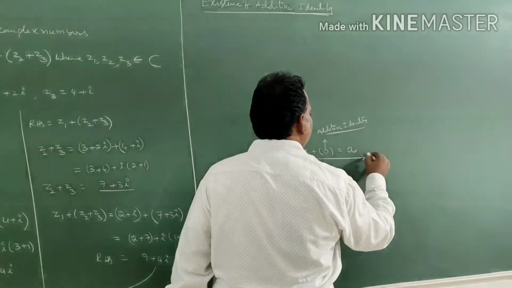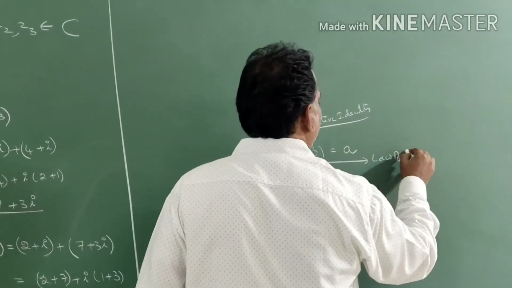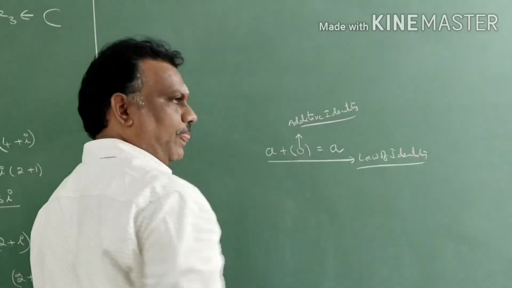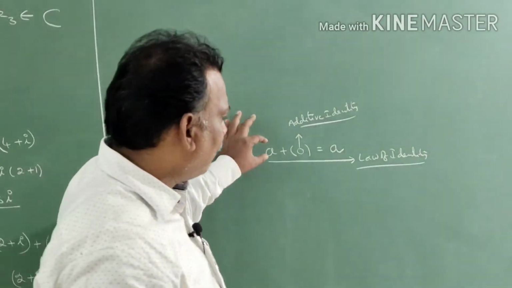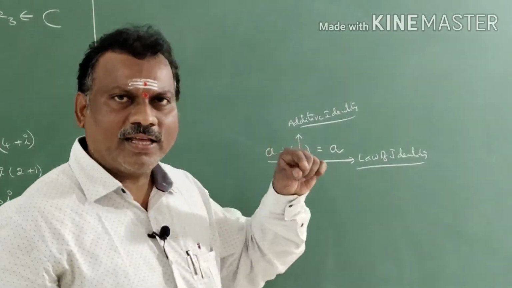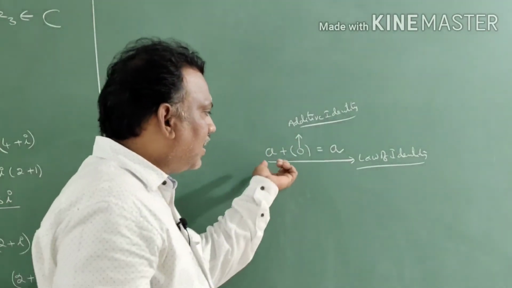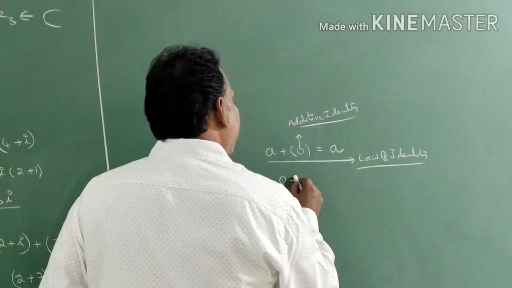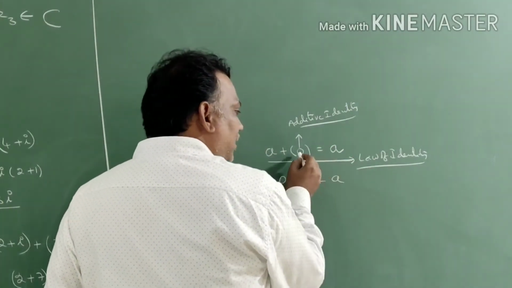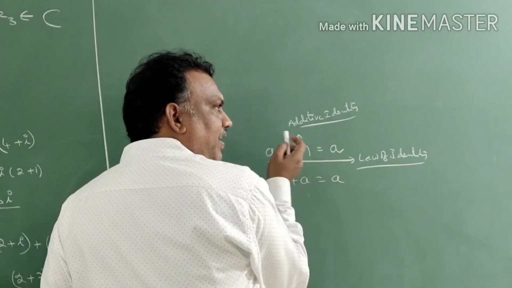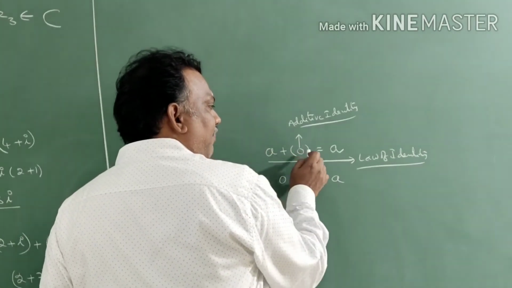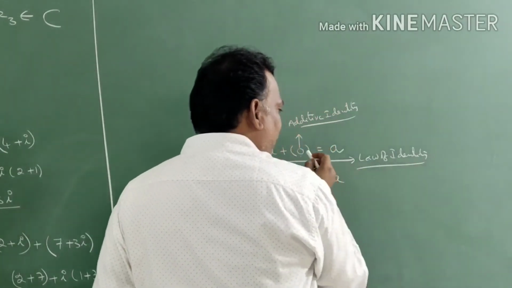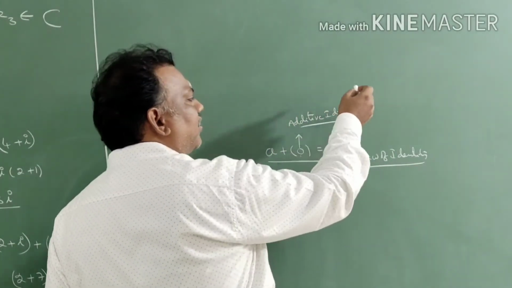This law is called the law of identity. Understood, students? We pick one real number, and there exists another real number such that a plus 0 is equal to a, or 0 plus a is equal to a. This must also be a real number. If such a real number exists, it is called the law of identity. That existing real number is called the additive identity.